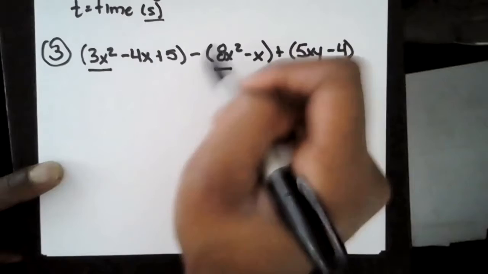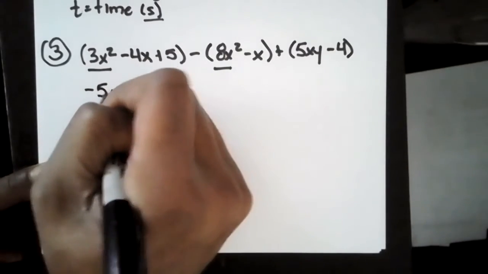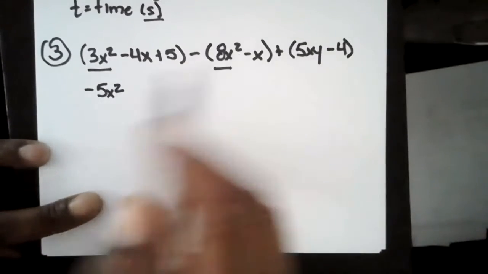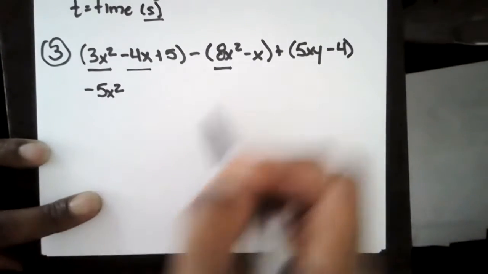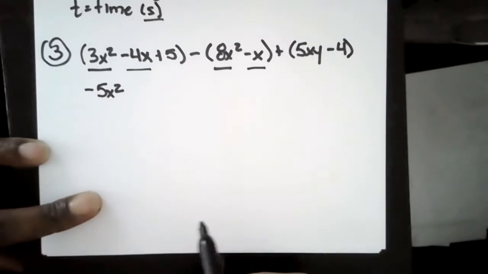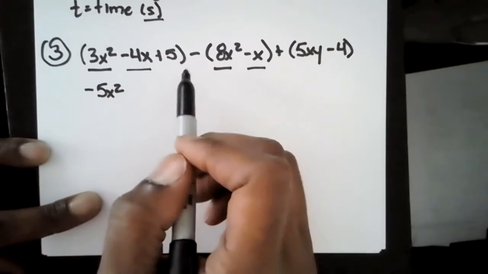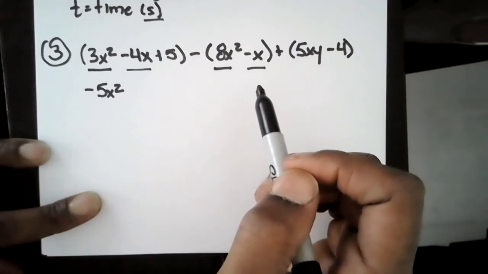Remember, this is negative 8x squared, this is 3x squared, so we're going to get a negative 5x squared, right? Now we're going to move over to the next term. We have a negative 4x here and an x here. So a negative 4x minus 1x is going to give you what?